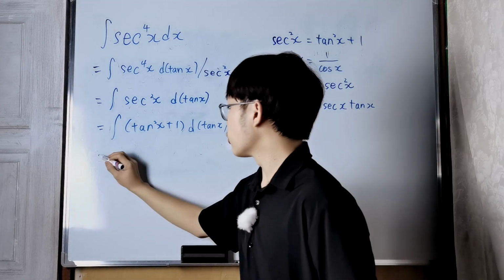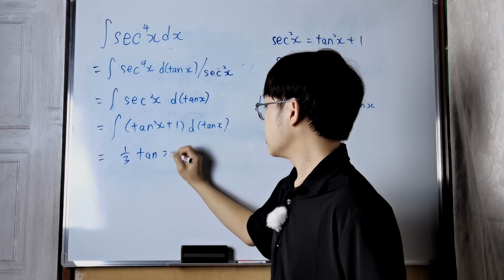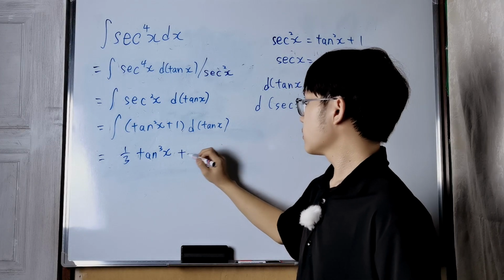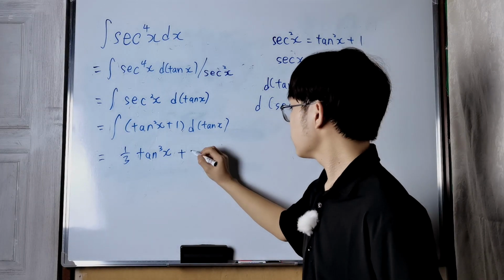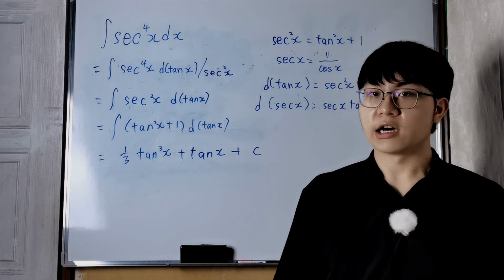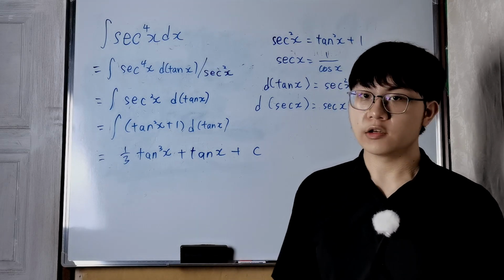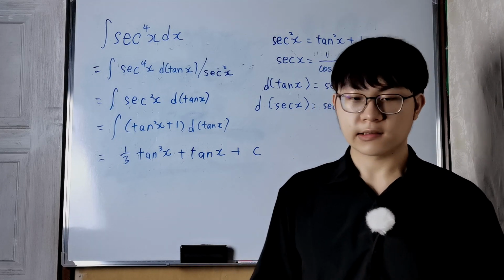If you integrate directly, it becomes 1 over 3 tangent x cubed plus tangent x plus c. And you get the final answer. It's actually the same answer, you just don't need to do the complex set u process.